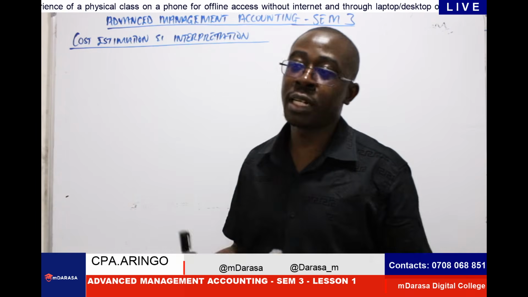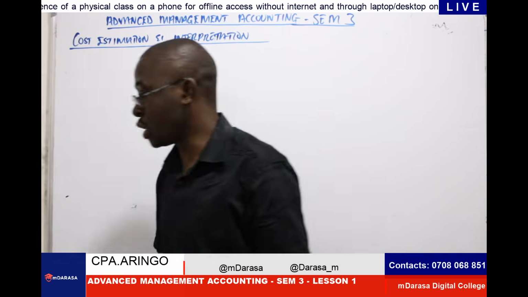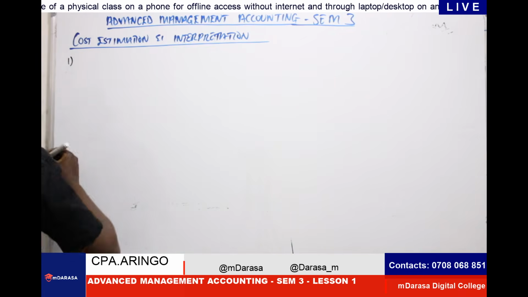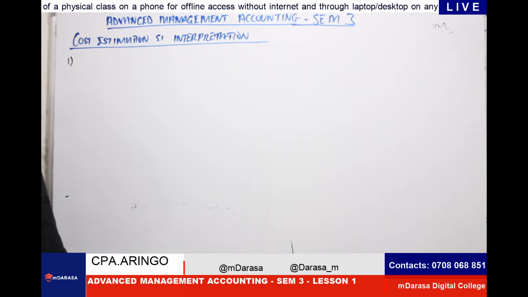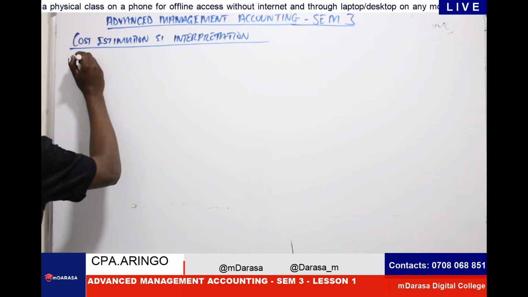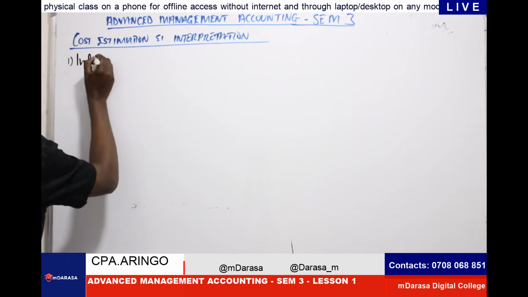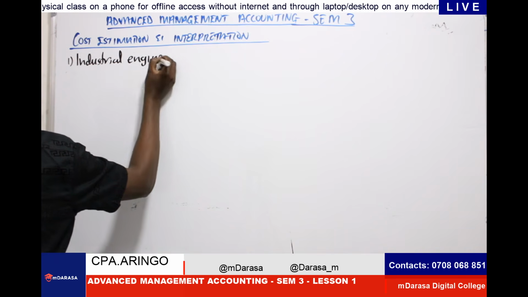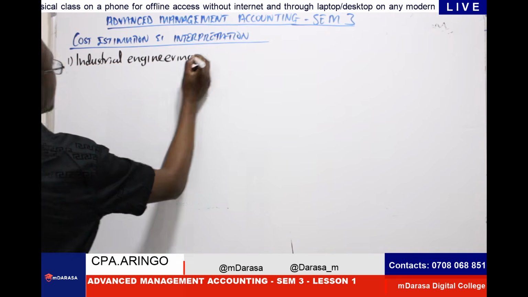The whole idea behind cost estimation is that we want to look at methods that we would wish to use in management accounting to predict our costs in future, which will entail, number 1, the industrial engineering method.